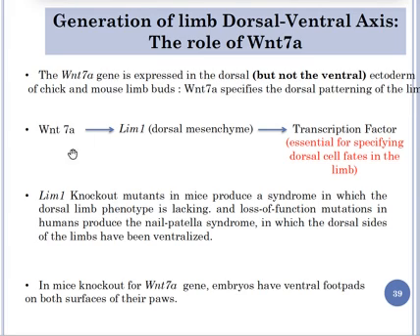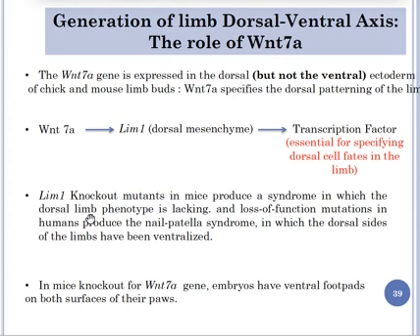And they found that this Wnt7a expressed in the dorsal ectoderm will activate another gene called Lmx1b dorsally, and this Lmx1b will induce the expression of transcription factors essential for the specification of the dorsal cell fate in the limb. So Wnt7a is mainly important for the formation of the dorsal side of the limb.